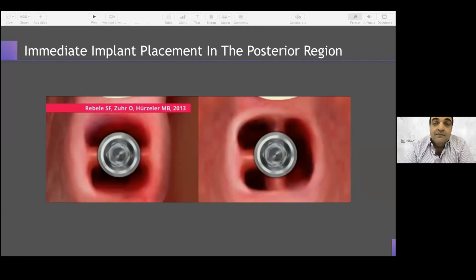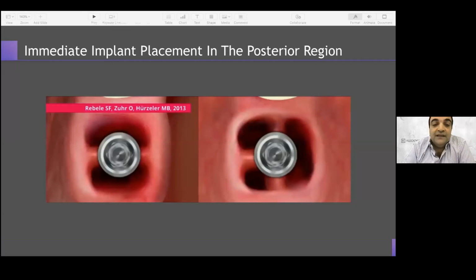But in the last 8 years, we have a lot of publications about immediate implant placement in this region, with high survival rates of implants placed immediately after extraction in the molar region. And in 2013, there is a technique described by Ribelli, Zur, and Hutzuler.